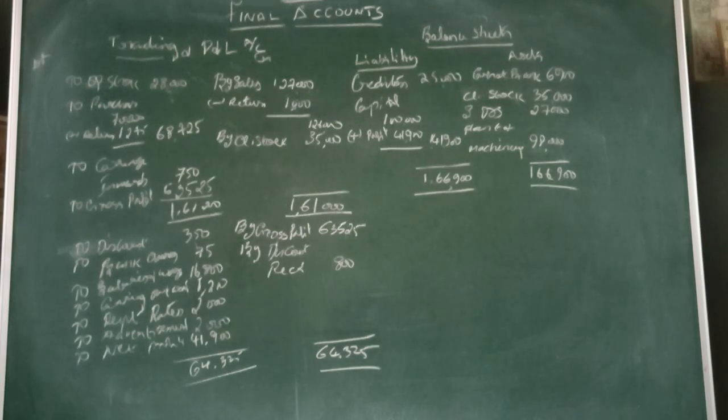Whenever I am purchasing goods or materials, if a discount is provided to us, then it is an income. Whereas if we are giving a discount to others, it is an expense. Expenses should be debited in the P&L account, and income should be credited in the P&L account.